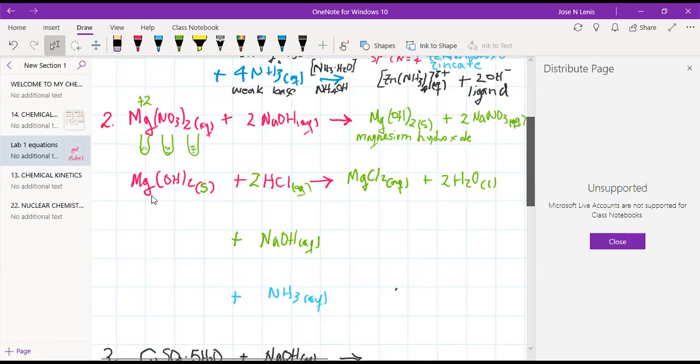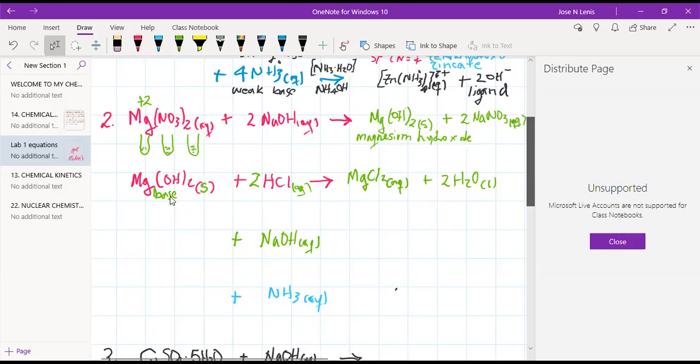That means this is behaving as a base. It's silly to say, right? Because obviously it's a base here, it's OH minus, it's hydroxide, so it should behave as a base. But we have to say that because, remember the previous experiment, that base behaved actually as an acid.